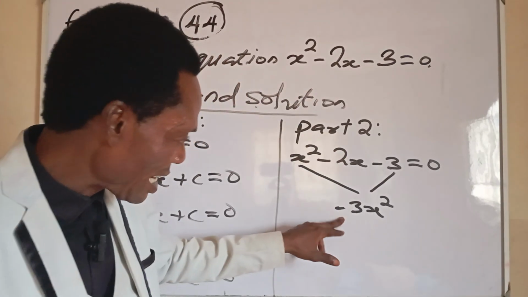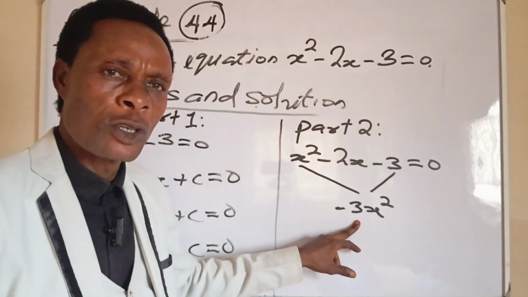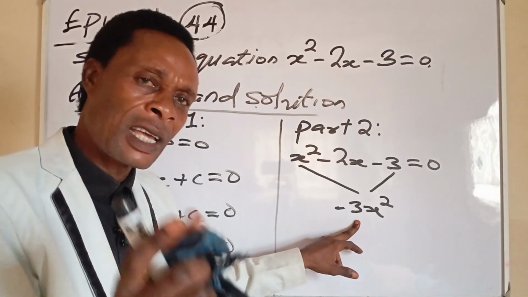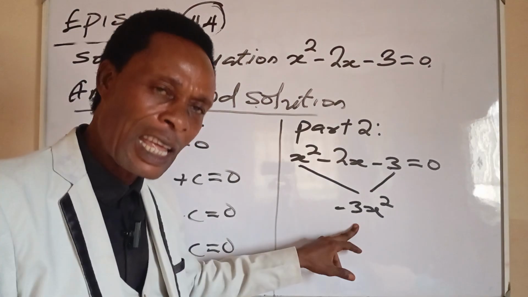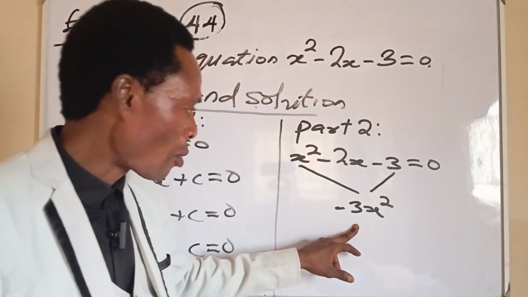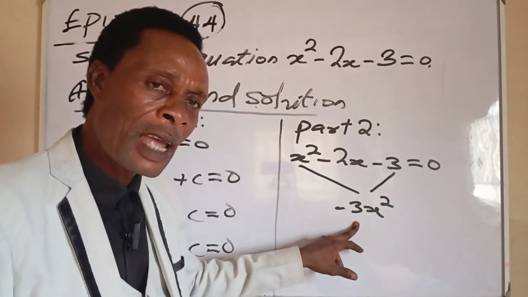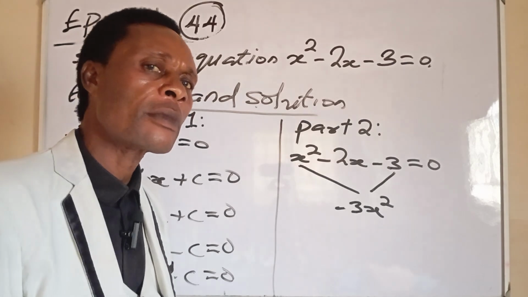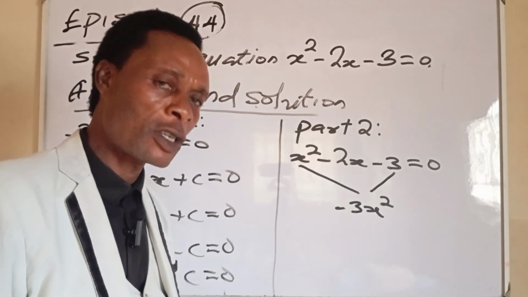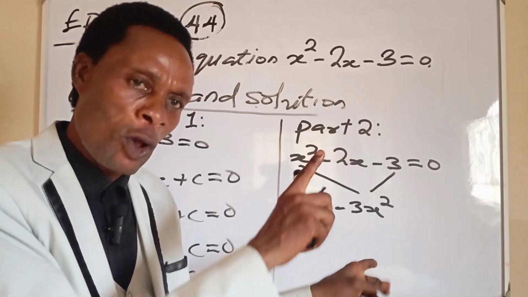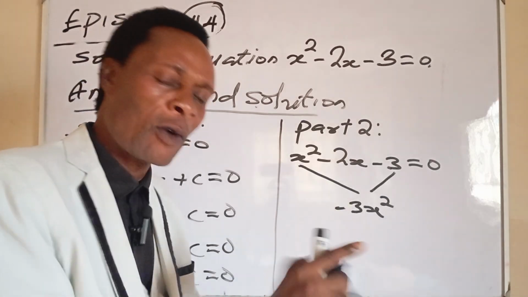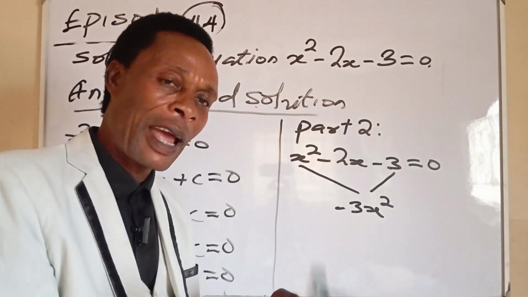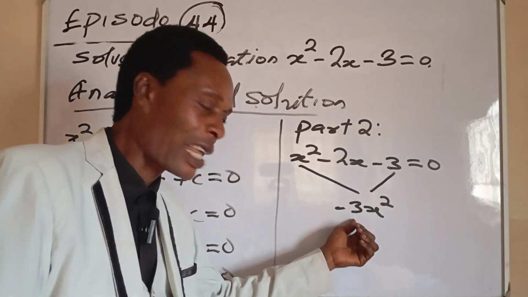The 2 factors that could give you minus 3 if you multiply them should be minus 3 and a positive 1. Understood? Yes, because we said that the 2 factors must have opposite signs, and the bigger factor must be preceded by a negative.